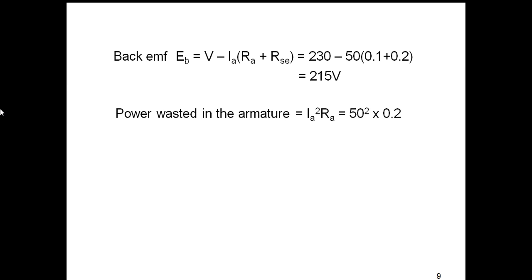And in order to find the power wasted, it is nothing but the loss in the armature, which is given as Ia squared Ra. Here Ia is given as 50 and Ra is 0.2.